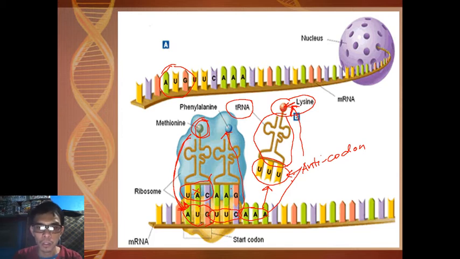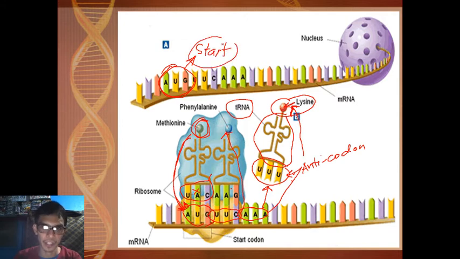Next one. The AUG that we have right here, if we look at the codon chart, means start. Literally, this will start up the protein synthesis, and it carries the amino acid methionine.